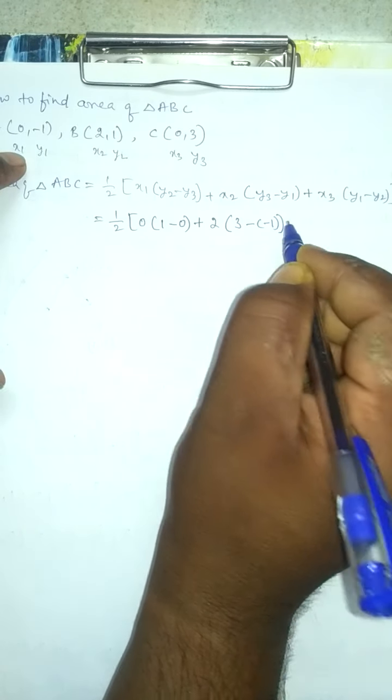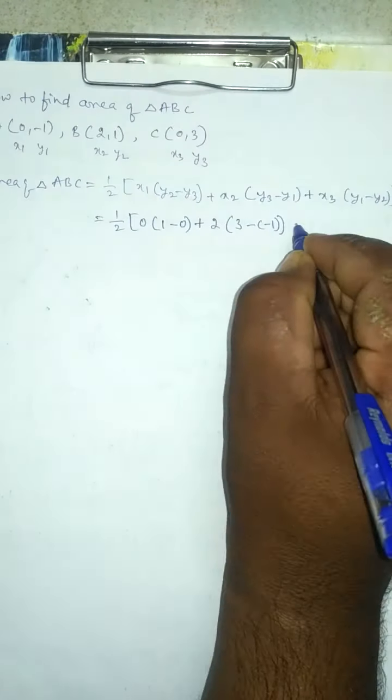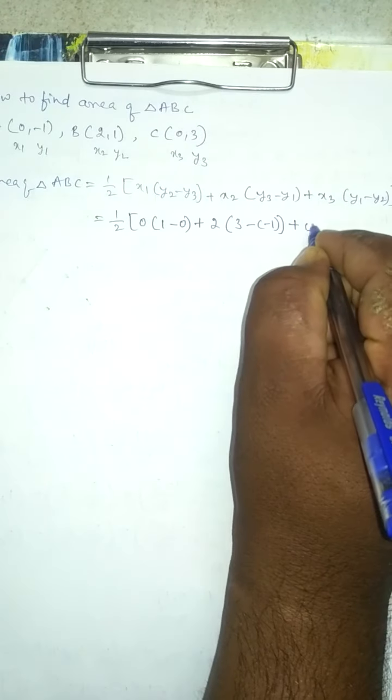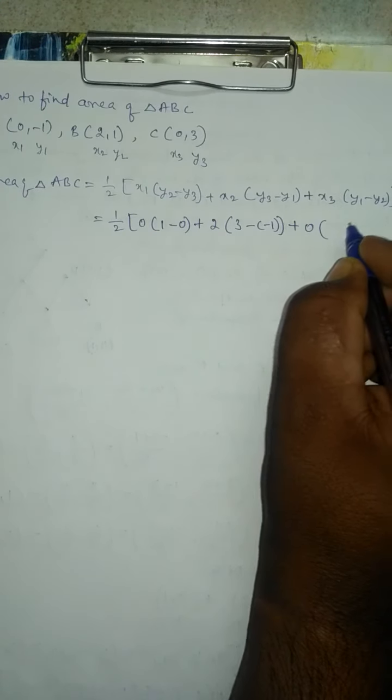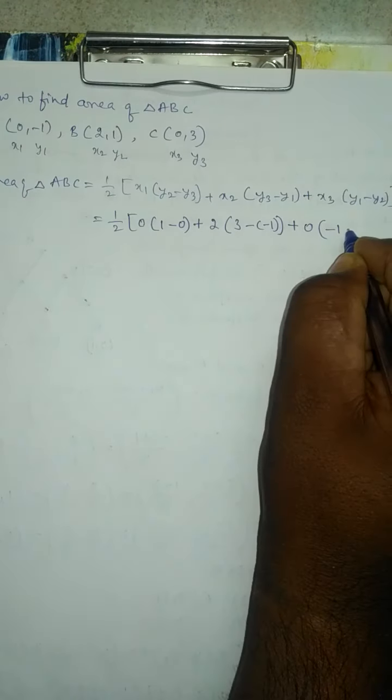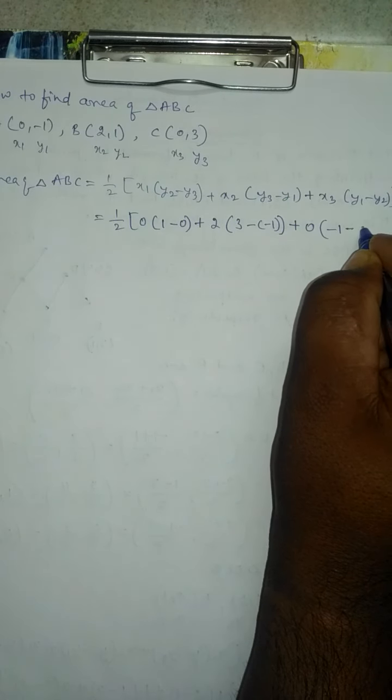So we have to write minus in the bracket. Then plus x3 value is 0 and y1 value is minus 1 minus y2 value is 1. So we have to close the bracket.